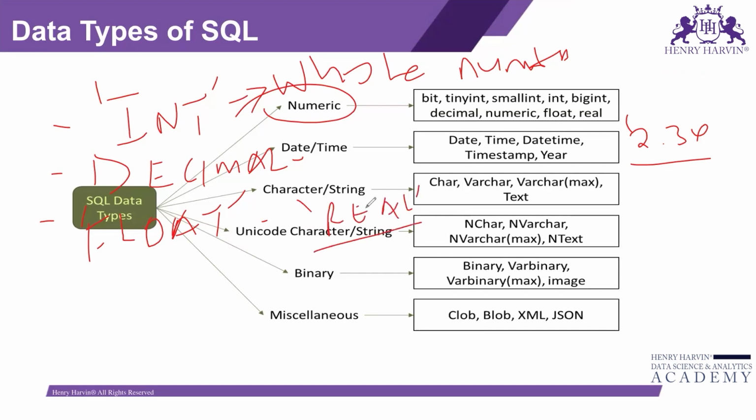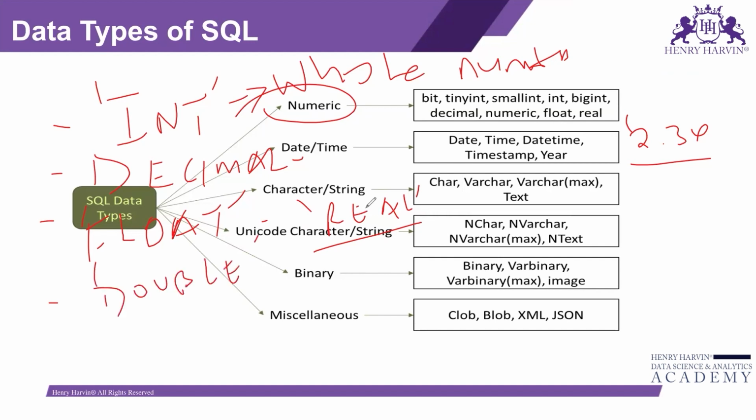So we use it to represent floating point numbers which have a single precision. Then we also have the other data type, which is the double.